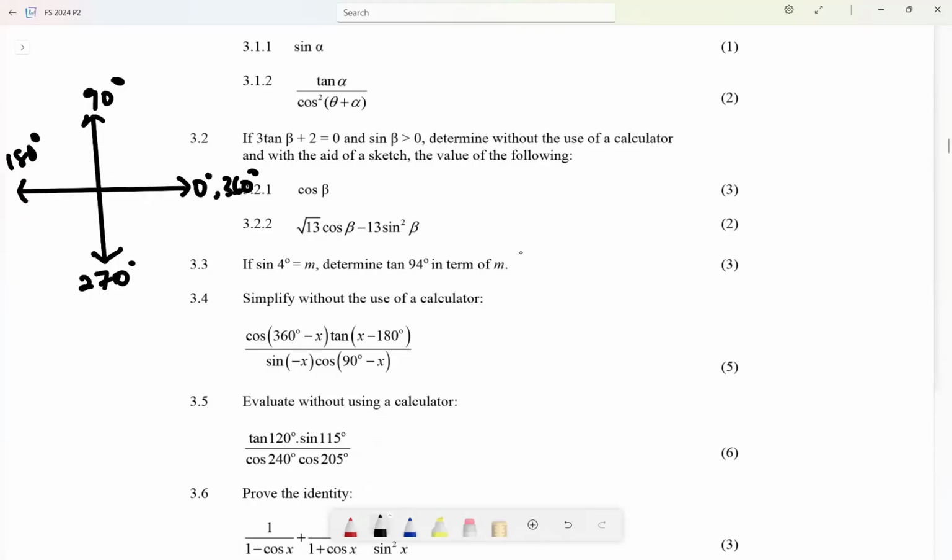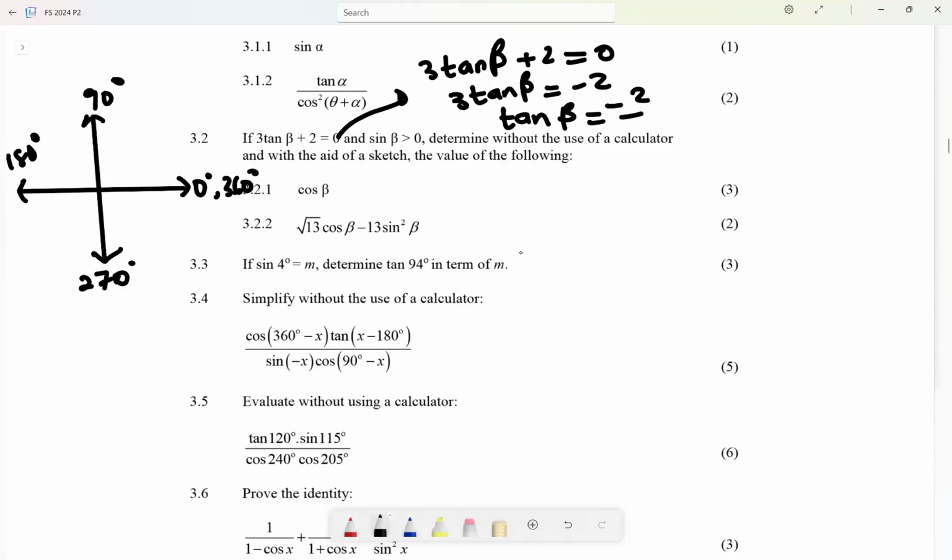Yes, right? Now, the first thing that you have to do is to evaluate this part. The 3 tan beta plus 2, you have to manipulate it. It's going to be equal to 0, so 3 tan beta is equal to negative 2. Therefore, tan beta is equal to negative 2 divided by 3.